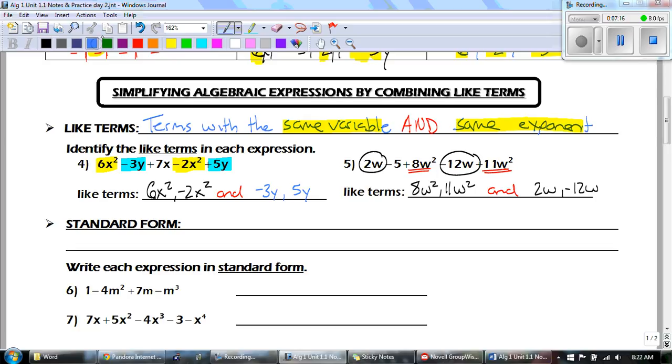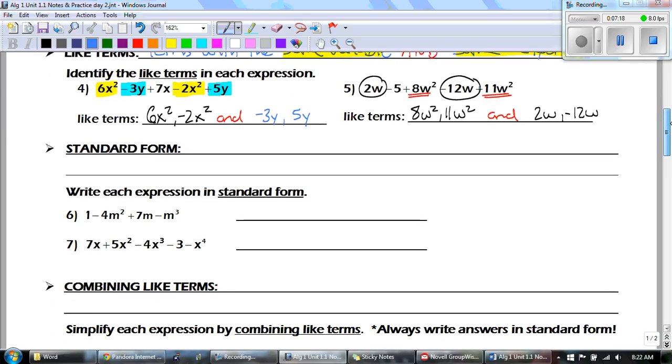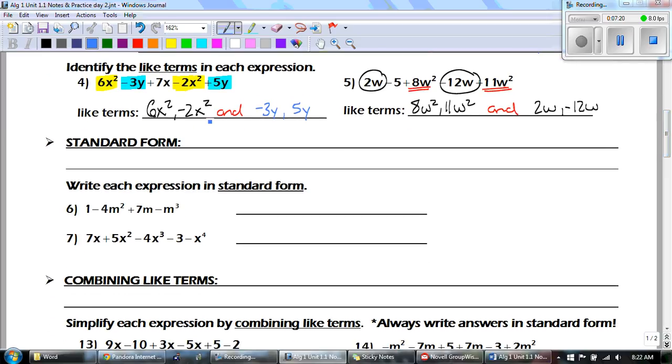All right, standard form. Standard form is when we are writing terms with the exponents, remember, exponents are that little number, in decreasing order.